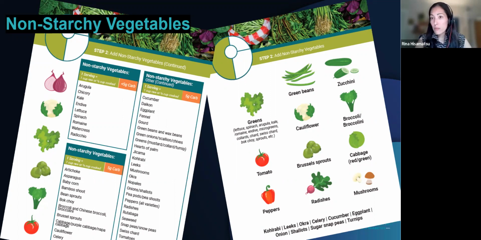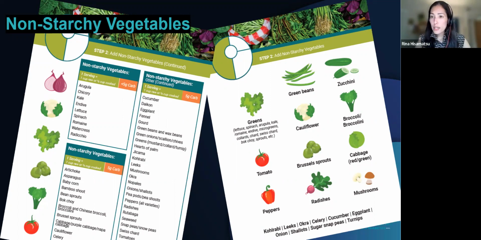Not only do they provide micronutrients, they are a welcome source of dietary fiber as well. And we know that many of us are not able to reach the minimum recommendations for dietary fiber in a day. So non-starchy vegetables provide not only a great source of dietary fiber, but it aids in gut health and bowel regularity. And it also adds a lot of bulk to our meals too.